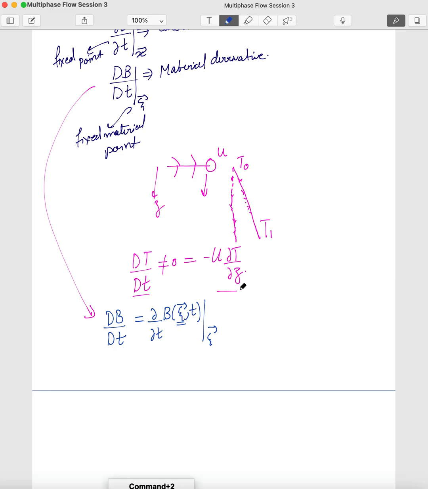So when you are converting from zeta to x, you should write x as a function of zeta and t. If we are converting from the material to the Eulerian derivative, then we need to replace it like this. So B is now a function of, so zeta should be replaced by x, and that x is nothing but x of zeta, t.